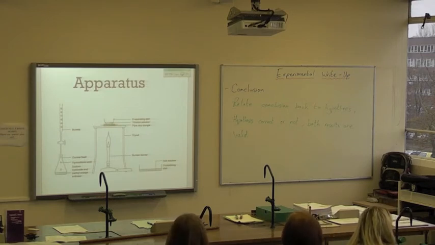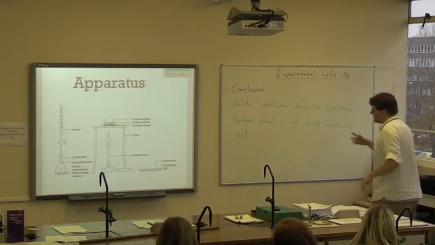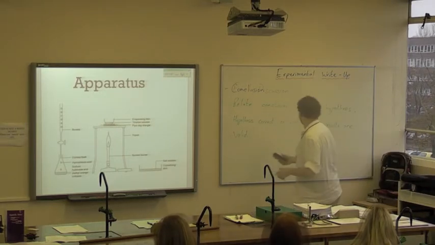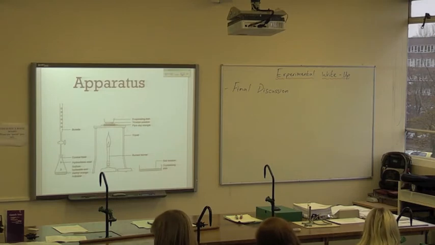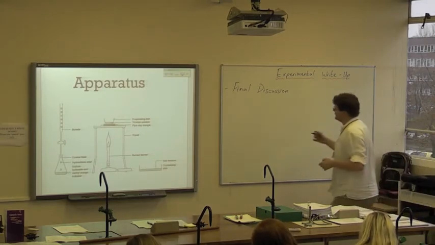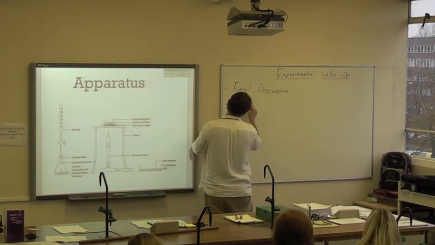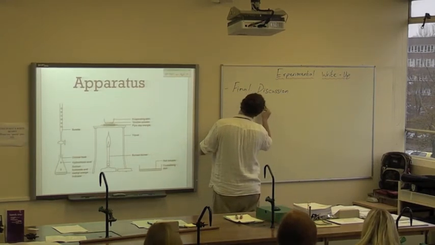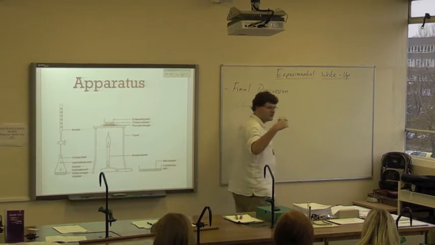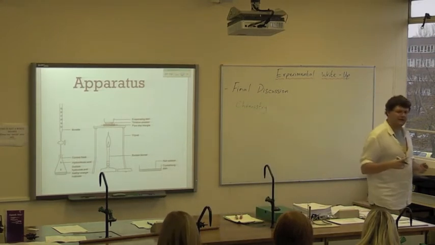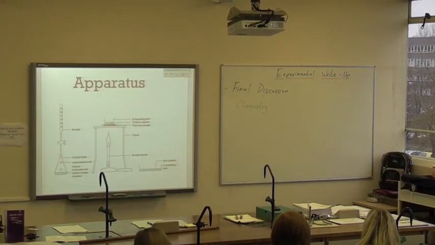But we have got a couple of other things that we need to think about in addition. This is where we start to talk more generally about theories. So in the final discussion, you can talk about the chemistry that's happening in the experiment. You can talk about when this process might be used.